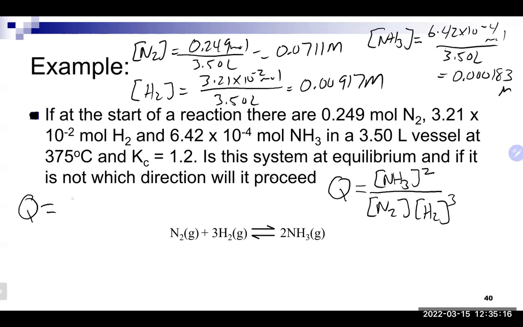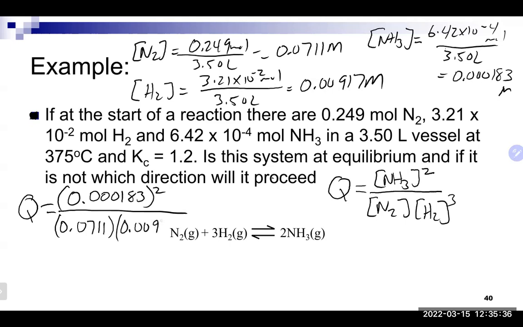We put them into our Q expression: our NH3, which is 0.000183, squared, divided by our N2, which was 0.0711, and our H2, 0.00917, which we have to cube in this case.